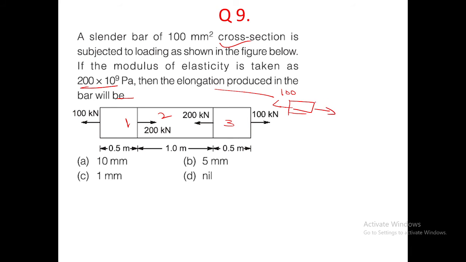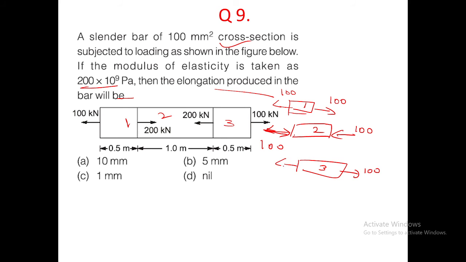The second is compressive, 100. The third is tensile, 100, since the 200 cancels. So the first is tensile, then compressive, then tensile.